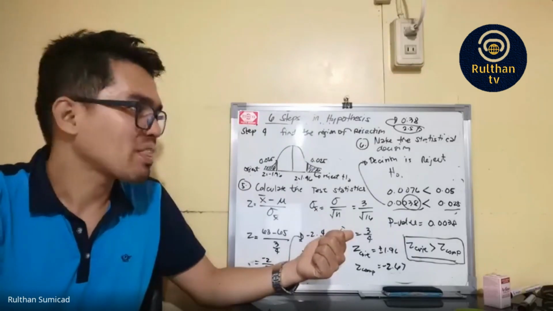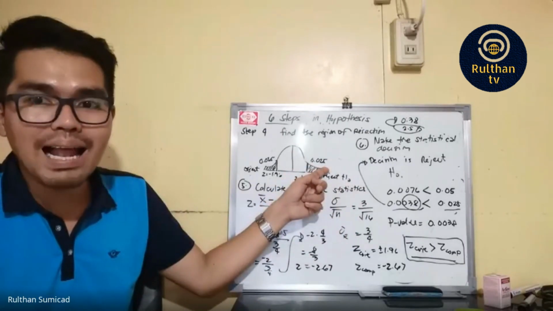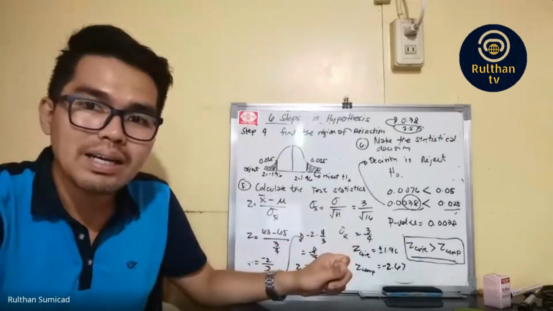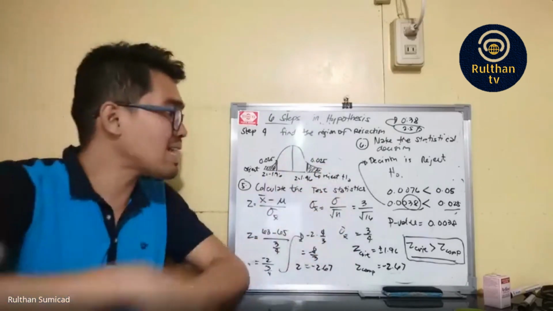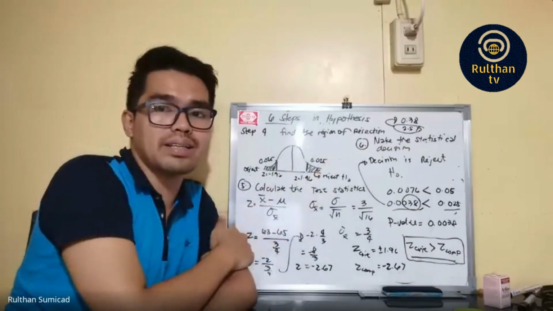If the p-value is less than the split alpha, if it's a two-tailed test, then reject the null.